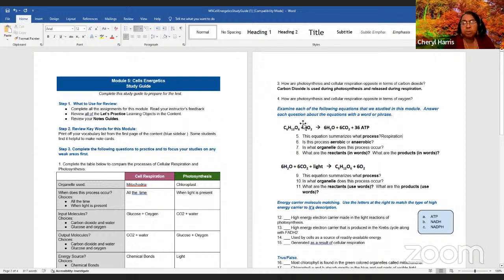But we're looking at this equation and it says we've got oxygen present. The oxygen present means that, thank you, LaCour, is it going to be aerobic or anaerobic? If oxygen is present, is it aerobic or anaerobic?